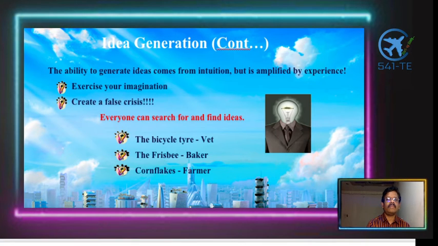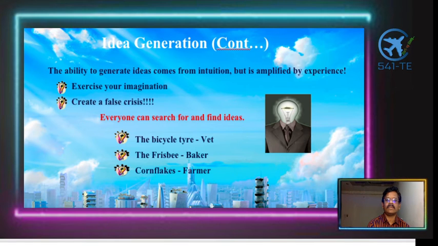Further, if you look at idea generation, the ability to generate ideas comes from intuition, but it is amplified by experience. Exercise your imagination, create a false crisis. Sometimes you have to create a false crisis. Everyone can search for and find ideas.